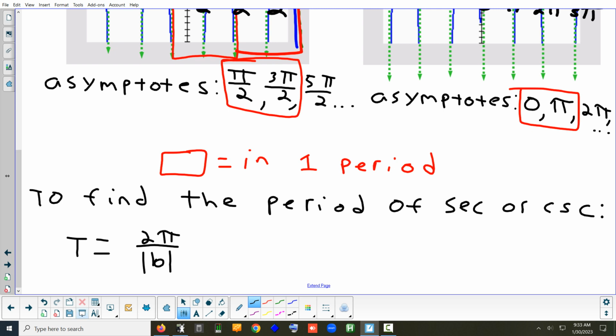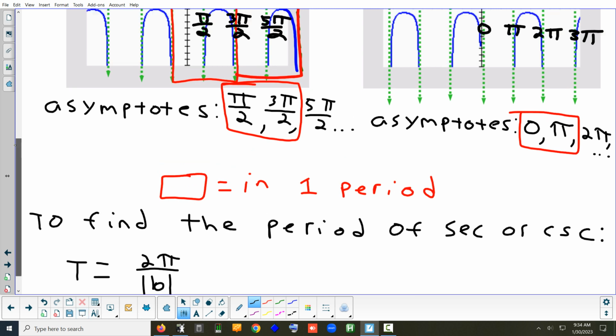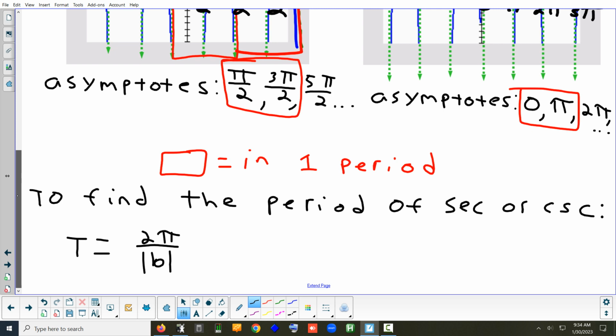So now we've seen all 6 trig functions. You use 2 pi over b when you want to find the sine, cosine, secant, or cosecant periods. The only time you use pi over b is when you're dealing with tangent or cotangent. And I put absolute values here. I don't think we're ever going to have an example where b is negative. That would be a horizontal reflection.